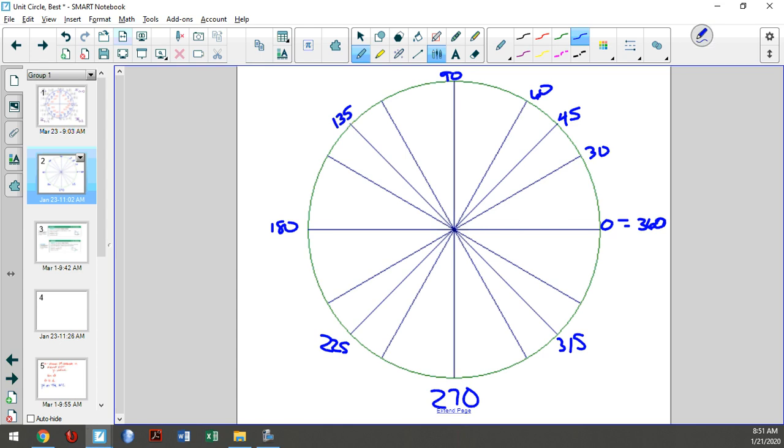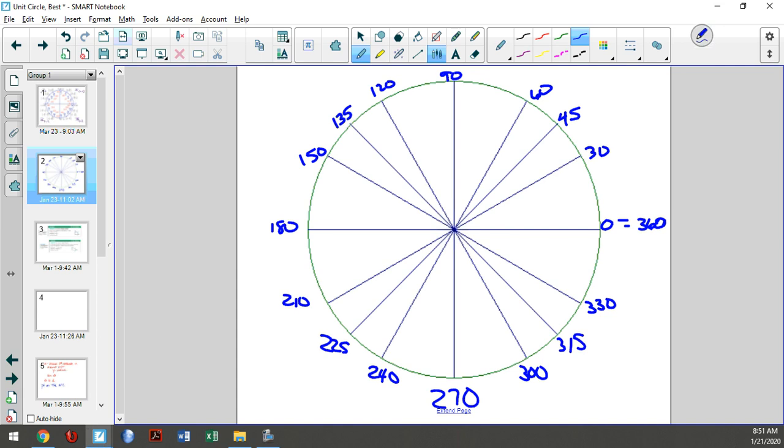Plus 30 is? 90 plus 30 is? 120 plus 30 is? 150 plus 30 is? 180 plus 30 is? 210 plus 30 is? 240 plus 30 is? 270 plus 30 is? 300 plus 30 is? 330 plus 30 is? 360. Any questions on how we just got the degrees? Do we feel like we understand that?